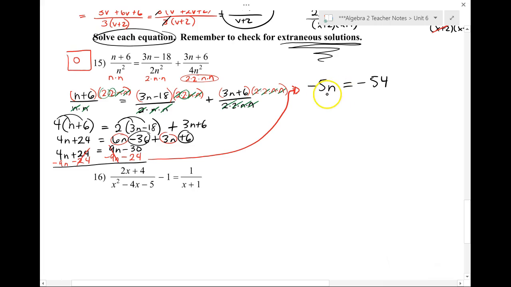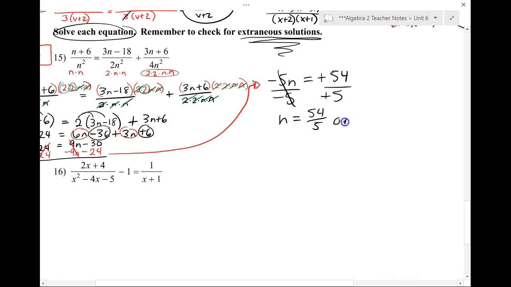Okay, so now I'm going to divide by negative 5 to isolate the n. So now these negatives will cancel out and become positive, and now I have 54 over 5. And there's nothing that I can reduce that with, because there's no common factors between 54 and 5, so it just stays like that.